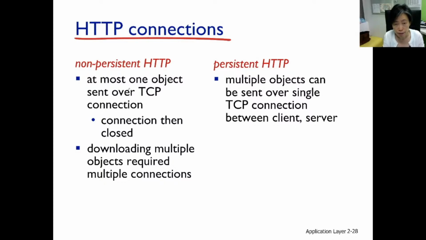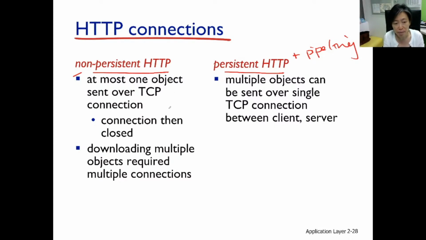HTTP connections. There are actually 3 flavors of HTTP connections: non-persistent HTTP, persistent HTTP, and third, persistent HTTP plus pipelining. Let's start from the most basic, the oldest flavor, non-persistent HTTP. This is implemented in the pioneer versions of HTTP.